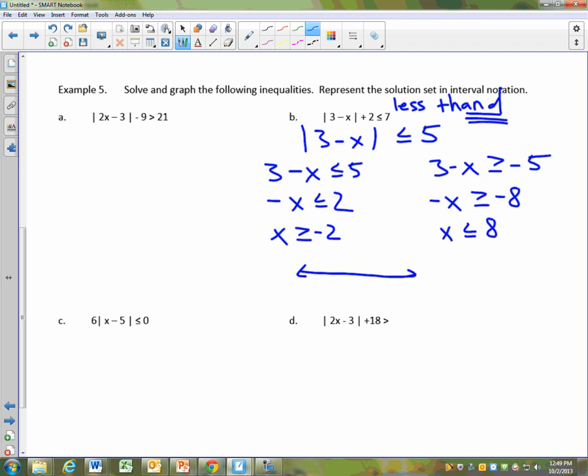I will graph the solution set. Open or closed circles? And you can see from the beginning we knew it was going to be a conjunction. It does in fact go together. As you represent the solution in interval notation, we have negative 2, we have positive 8, done and done.